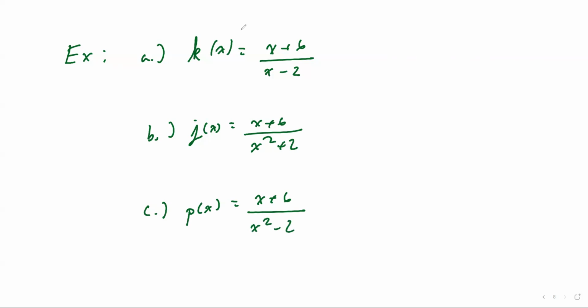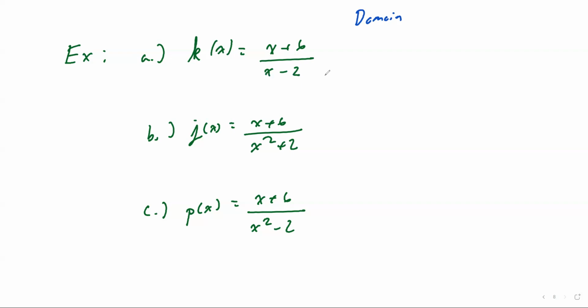Alrighty, so when you are given a rational function, because a fraction means rational, recall that the only thing that can't happen in a rational function is that the denominator cannot be 0. So if I'm looking for the domain, I know it's going to be every single x value except what makes the denominator equal to 0.